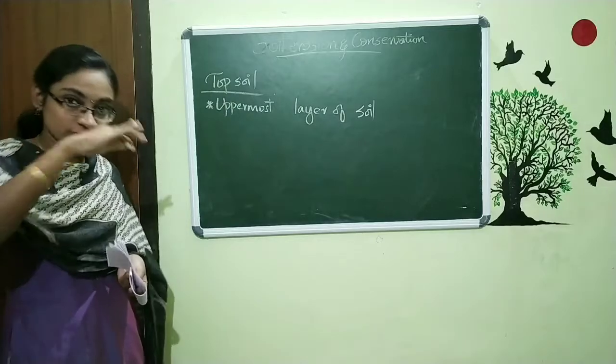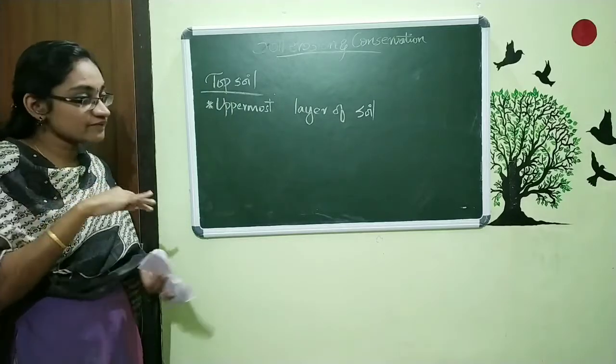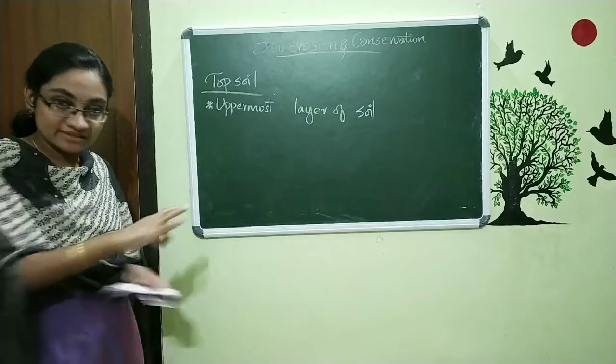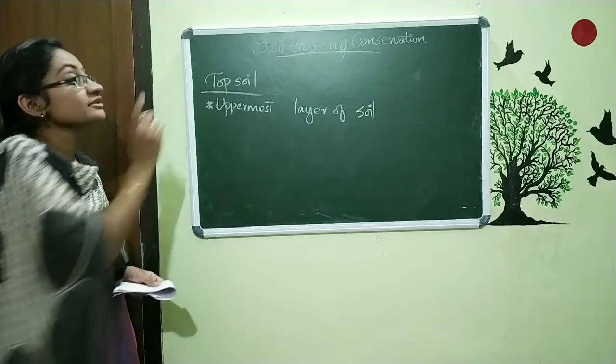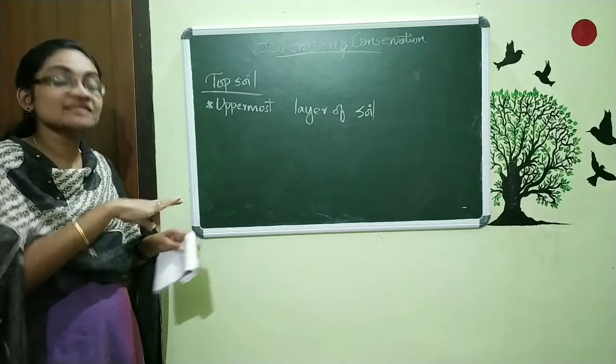The uppermost layer, the top layer, is what we see when we look at the ground. Some sort of soil is there, and that is actually topsoil, present at the surface of the earth.